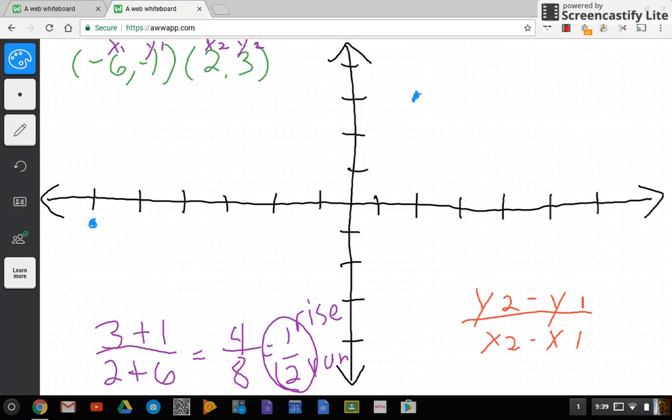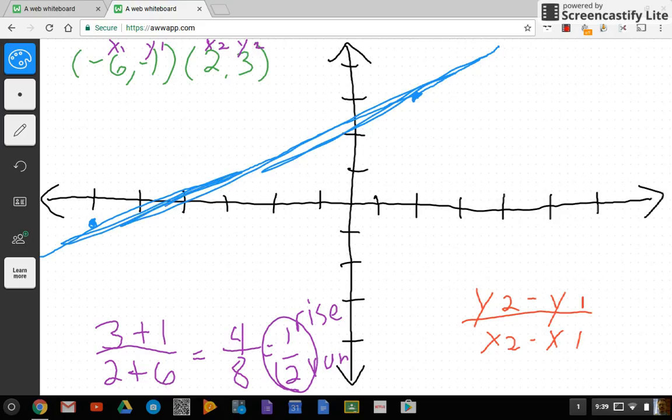Now, ideally, you want to take a ruler and connect those 2 points. I don't have a ruler, so I'm just going to do it by eye. The line would actually be more like this. It looks messy, but it'll work.